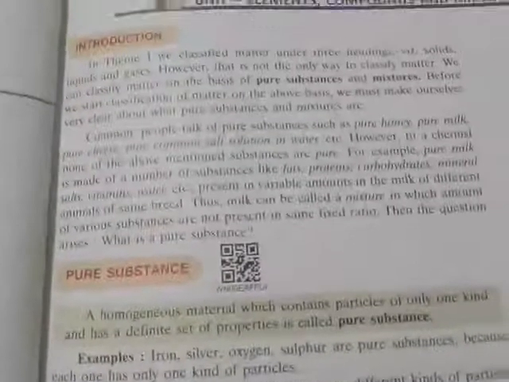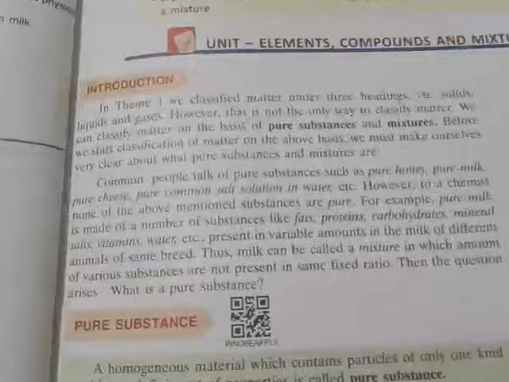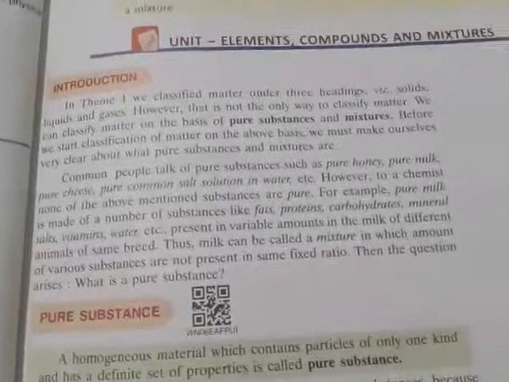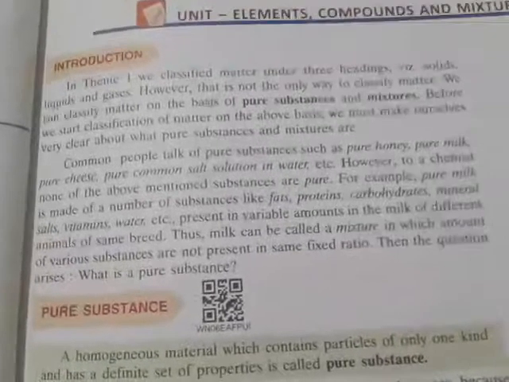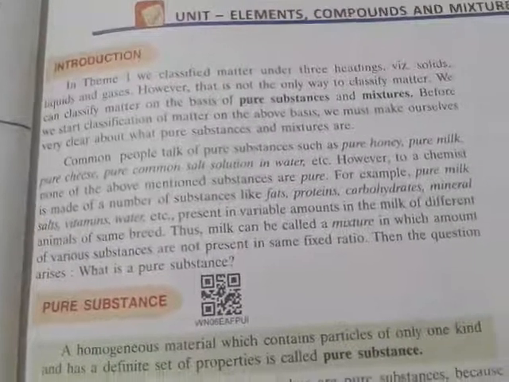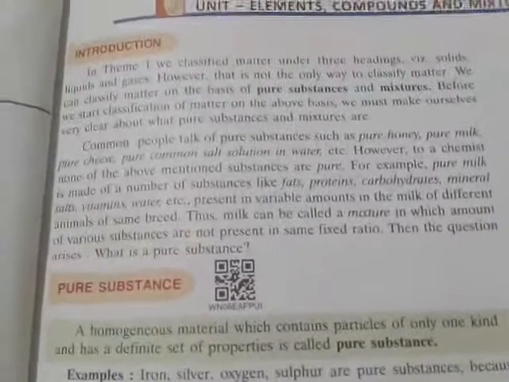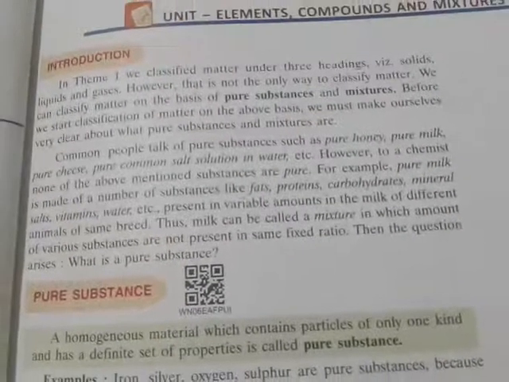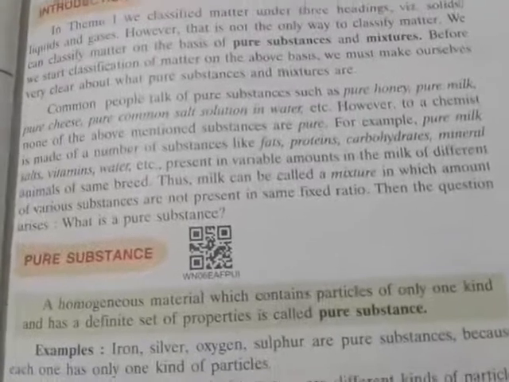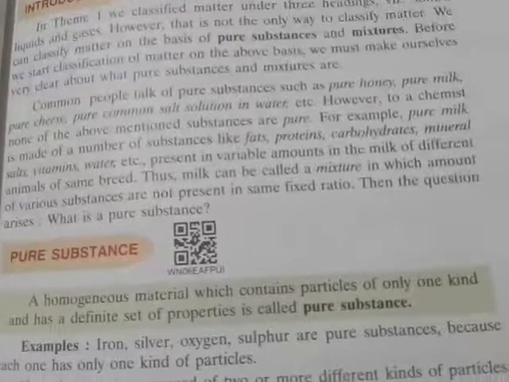See, pure substance is a substance which contains particles of only one kind and has a definite set of properties. Means we know solutions can be classified into two categories: one is homogeneous mixture and another is heterogeneous mixture.